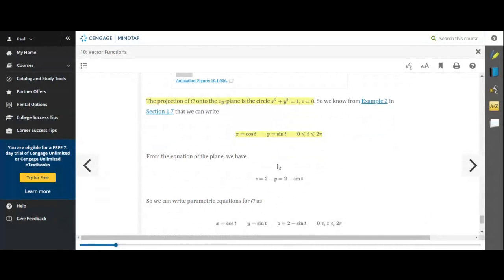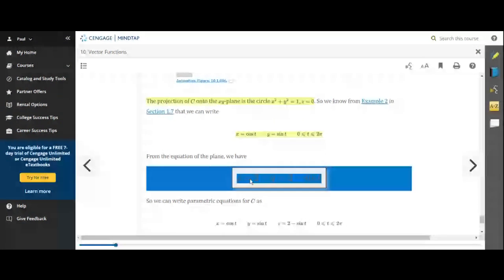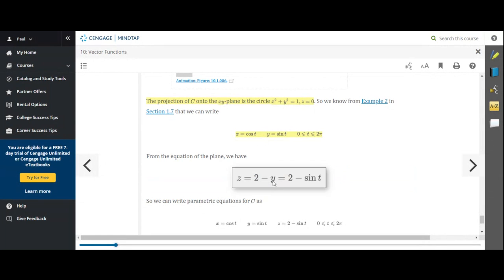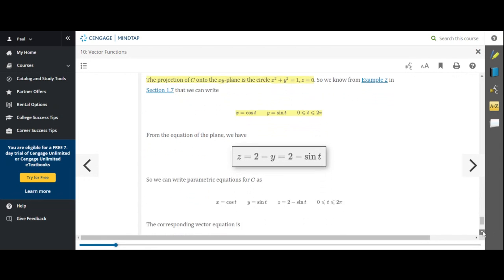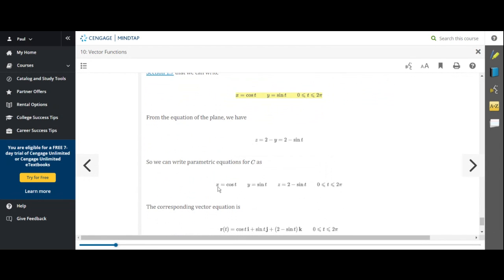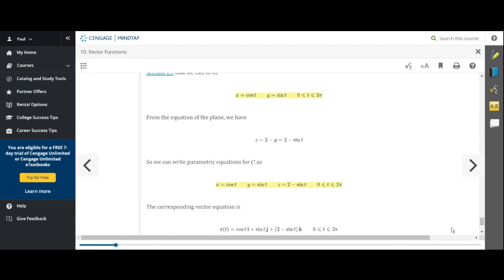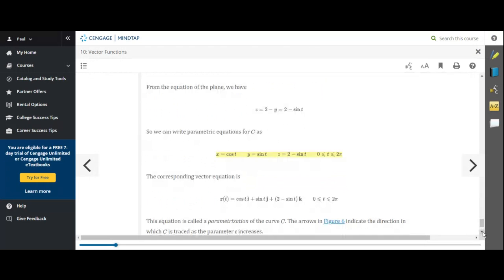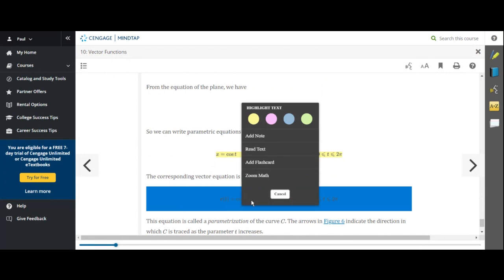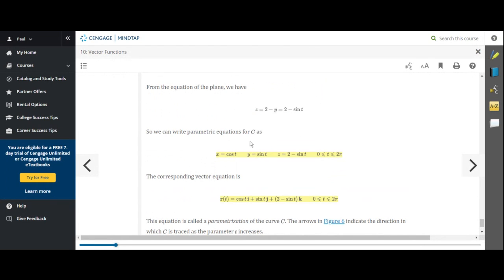Well, since y is the sine of t, z is going to have to equal 2 minus the sine of t. And this allows us to write our parametric equations for this space curve. We've parameterized the space curve.